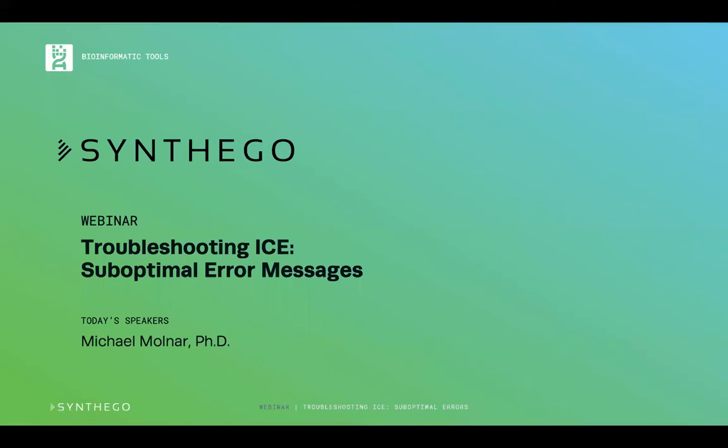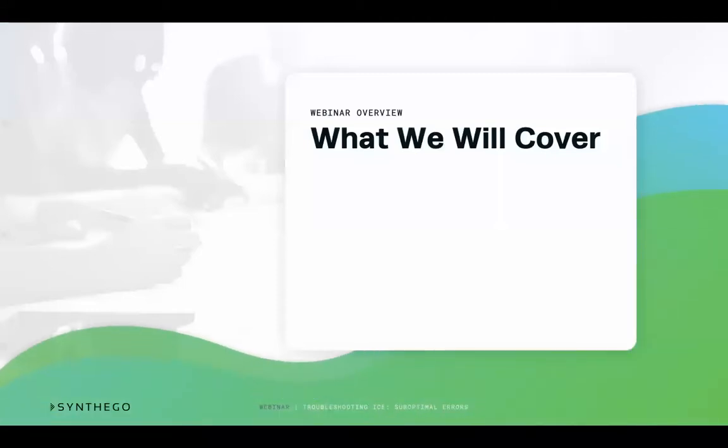In this webinar, we will discuss common issues and complications when working with ICE resulting in suboptimal ICE messages and how to troubleshoot them. Here is what we will cover. First, we will take a look at the limitations of ICE.